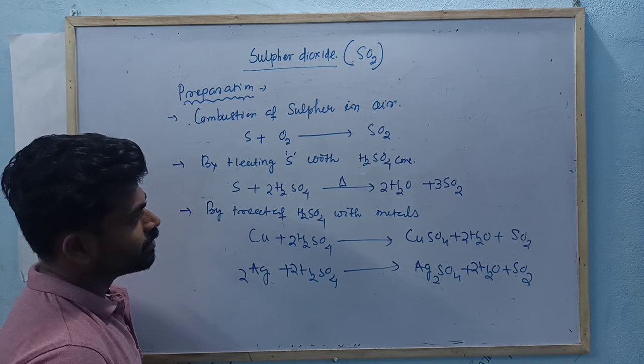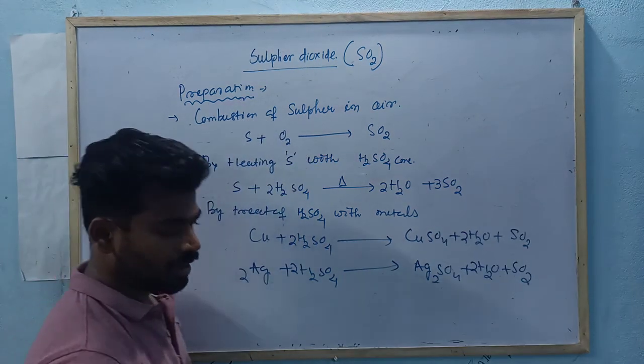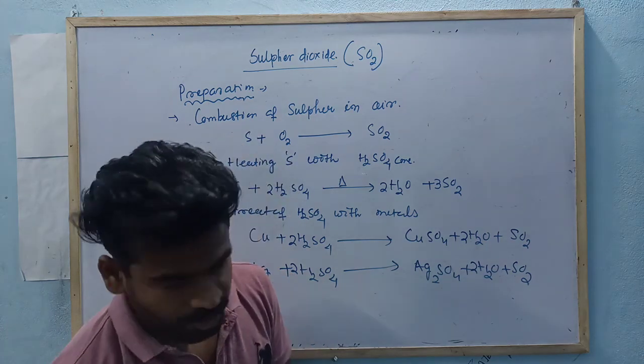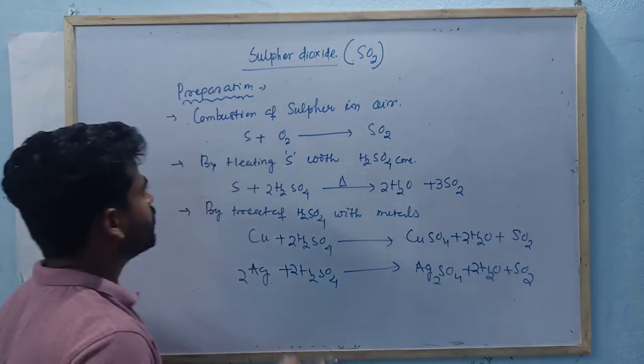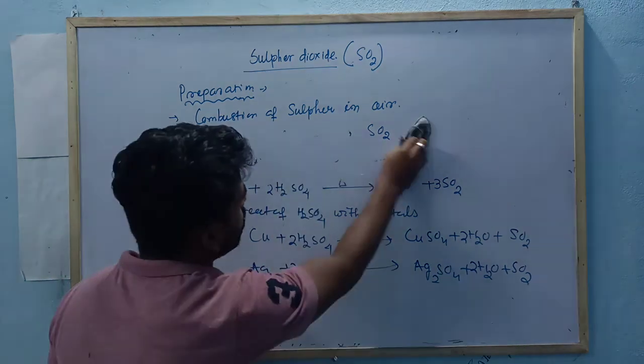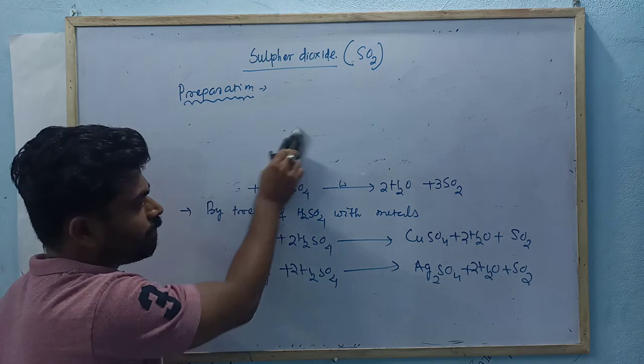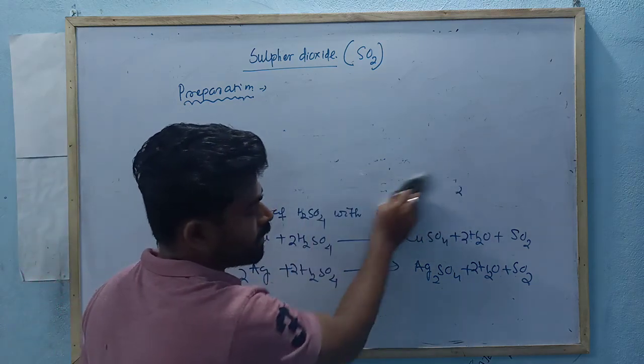Again, during the extraction of metal, in the roasting process, roasting means you have to heat in presence of air. During the roasting of metal sulfides, there will be liberation of sulfur dioxide gas.